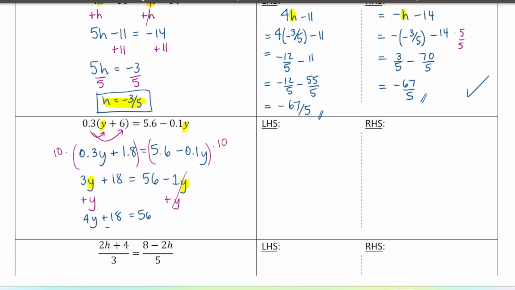I'm going to subtract 18. 56 minus 18 is equal to 38. I'm going to divide by 4. And I get 38 divided by 4, which is 9.5.